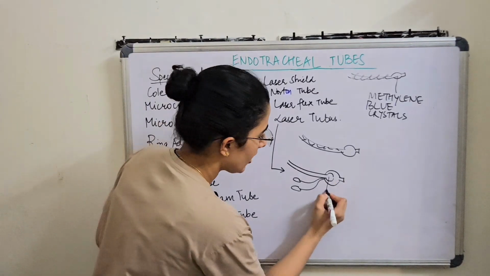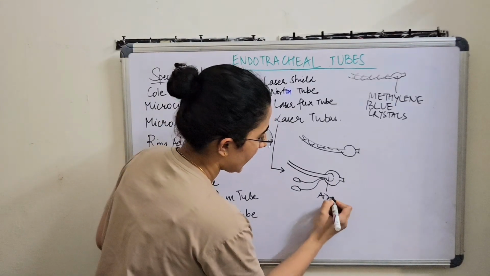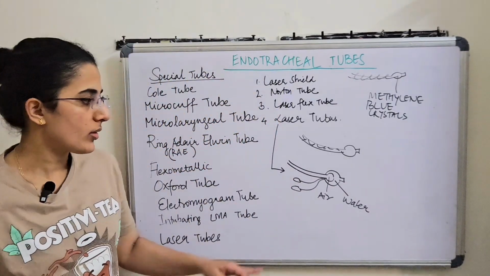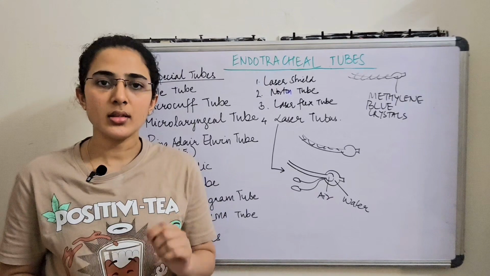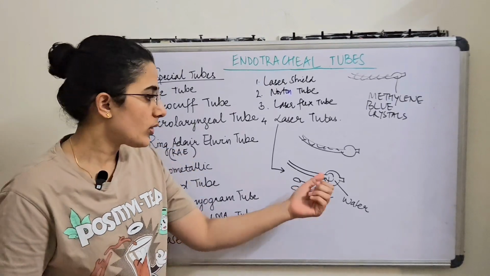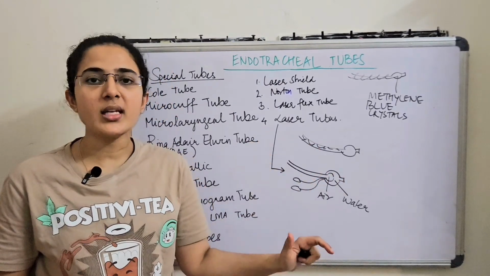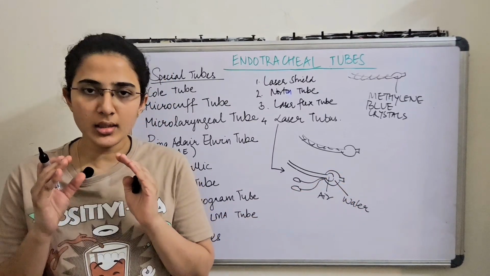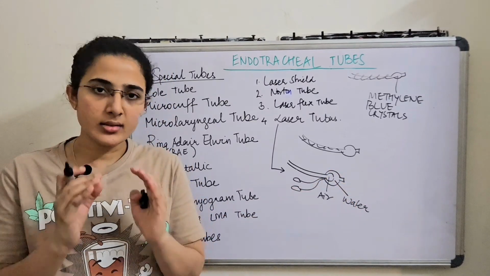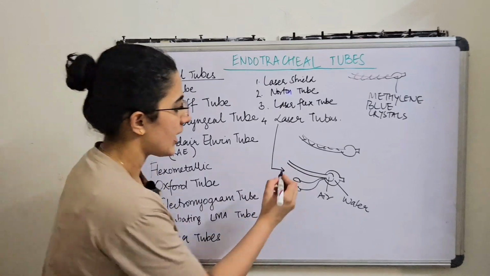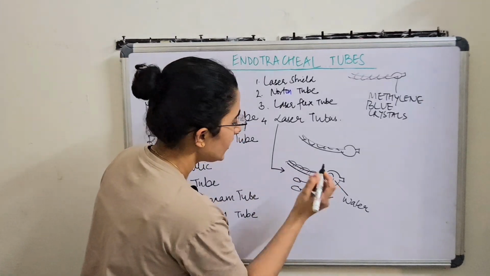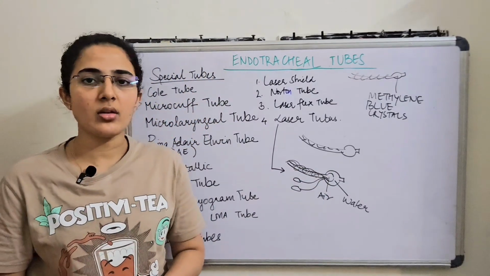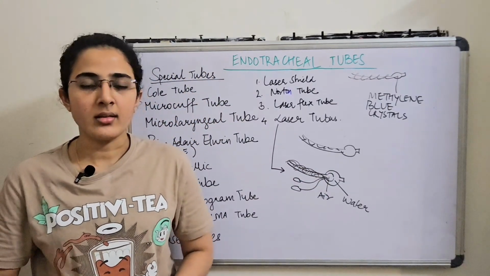The inner cuff will be inflated with air and the outer cuff is inflated with water. So if the outer cuff gets damaged because of the laser, the inner cuff will still keep the lumen intact. We wrap it with aluminium foil, and then we have the micro seal sponge, which is dipped in normal saline before using.